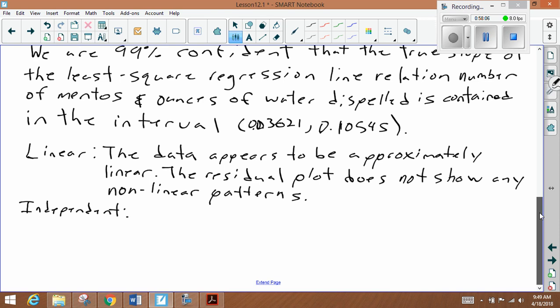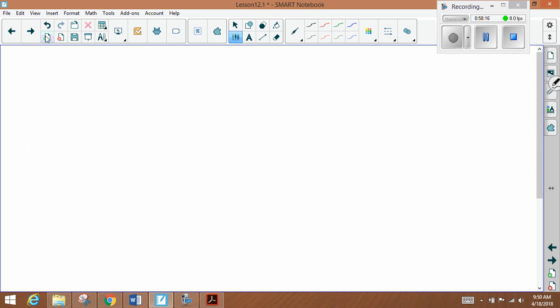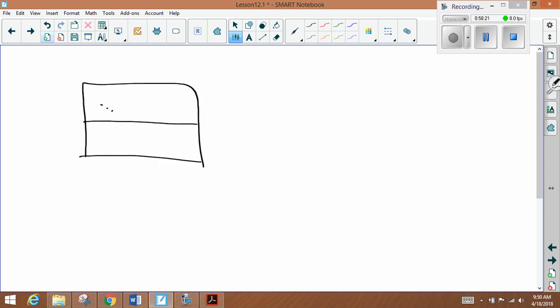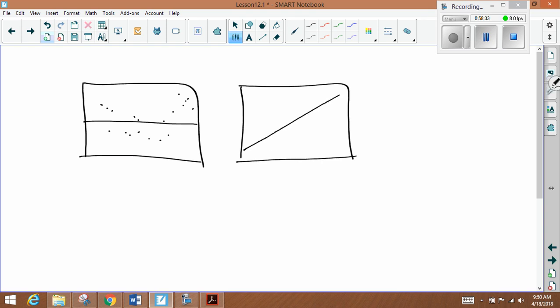And we're also looking for large counts in this one. So a nonlinear pattern would be like a curve. If we have our residual plot, what that's going to translate to is you're going to have some regression line, right?